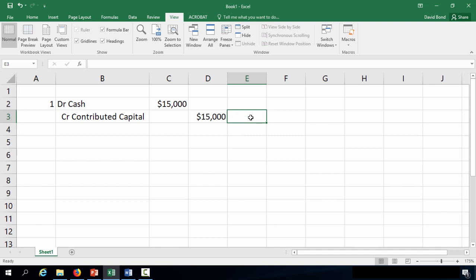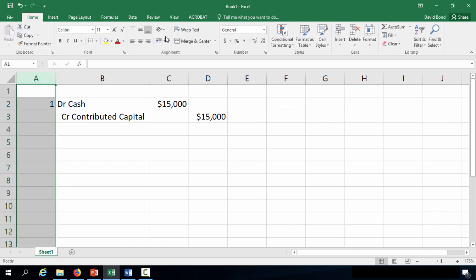Now, a couple of comments about this while we're looking at it. Firstly, it's always good to have some sort of identifier for the transaction, whether it be 1, 2, 3, 4, or A, B, C, D, however you want to do it. I typically include the words debit and credit, as it makes it much more obvious what's being debited and what's being credited.